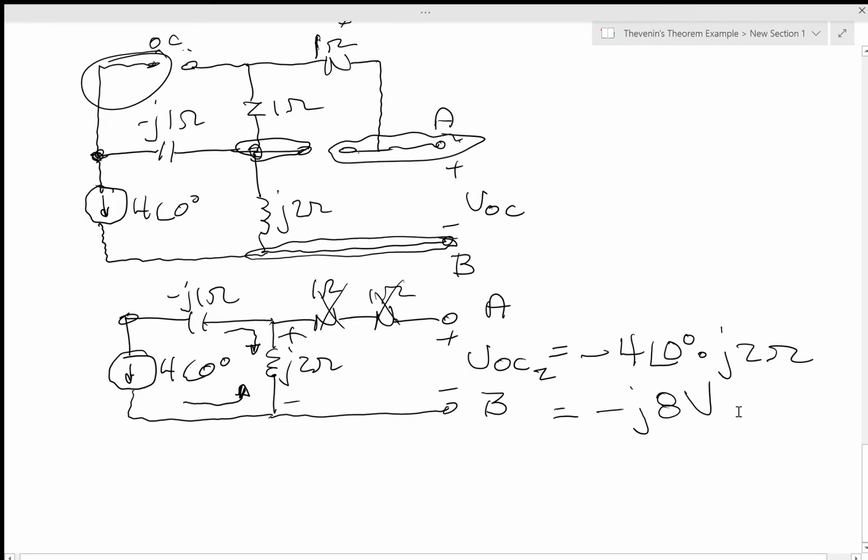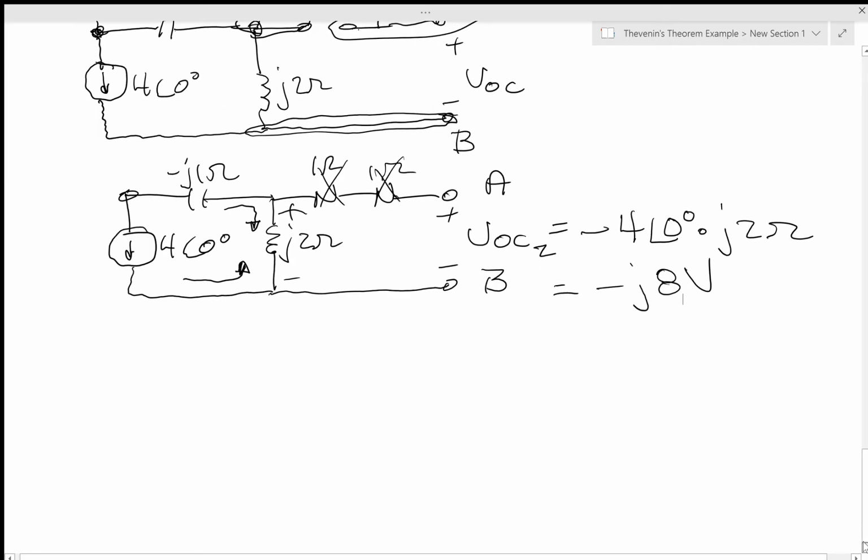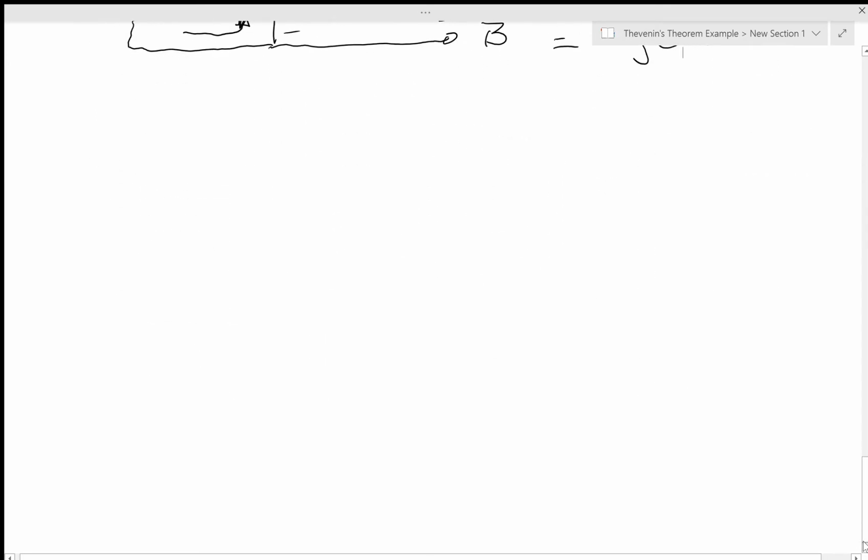So there is that one. Now I need to put in that 6 amp source. So here we go. I've got the open circuited 4 and the 1 ohm resistor and the 1 ohm resistor. And then here is my 6 angle 0 degree amp source.